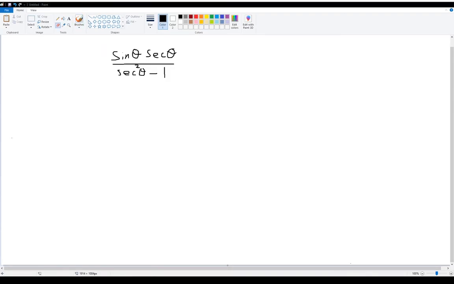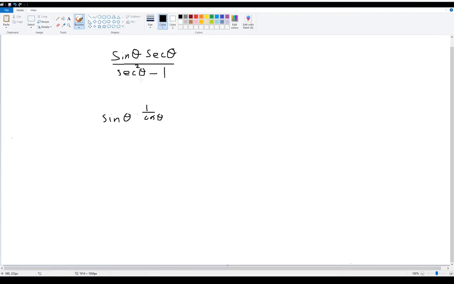And for our final example, we have sine theta times secant theta over secant squared theta minus 1. So for the numerator, we can repeat what we did in the last problem. So we can rewrite secant theta as 1 over cosine theta times sine theta.